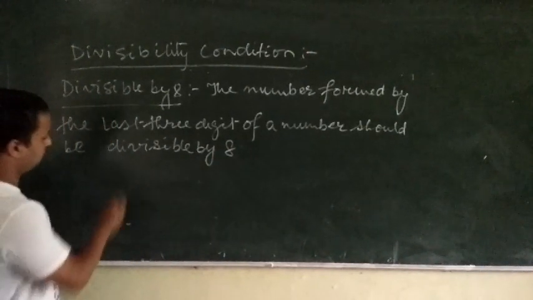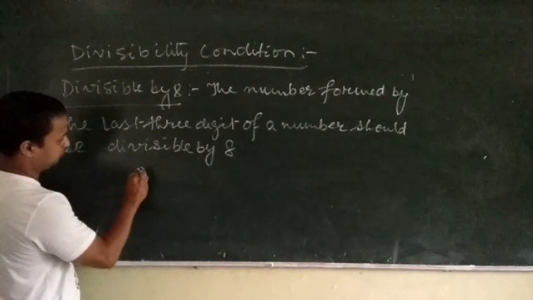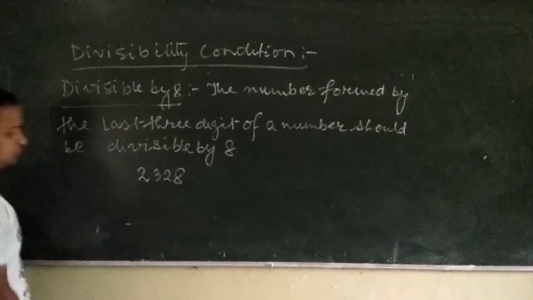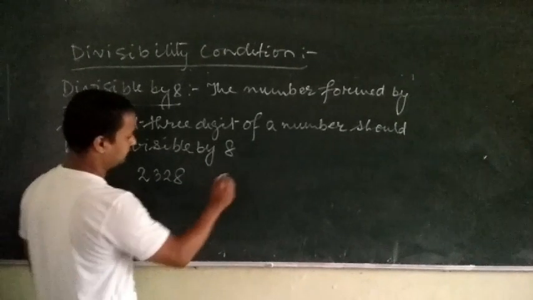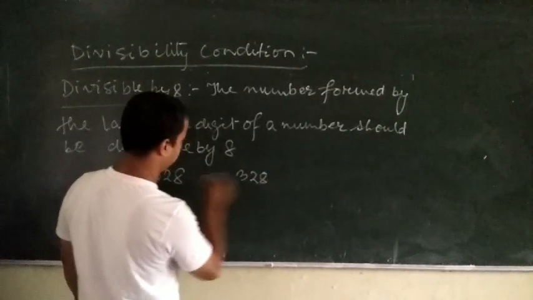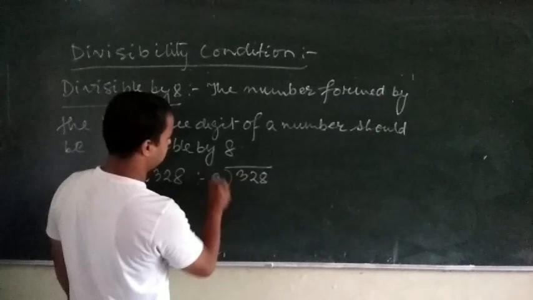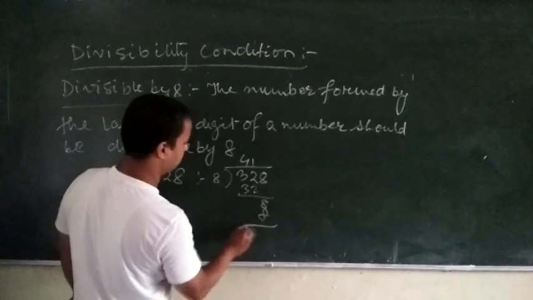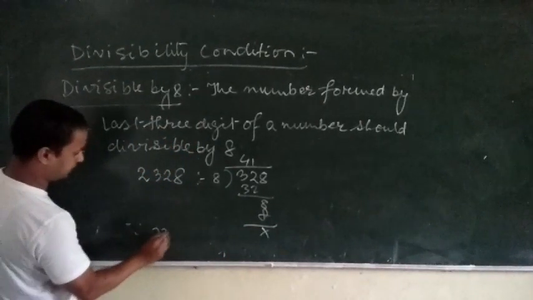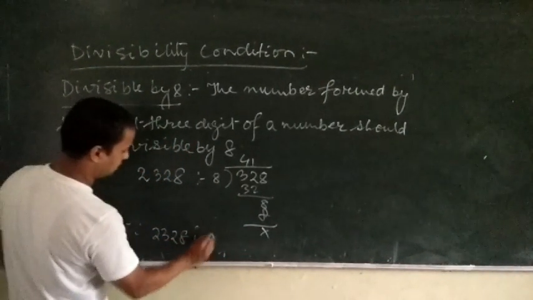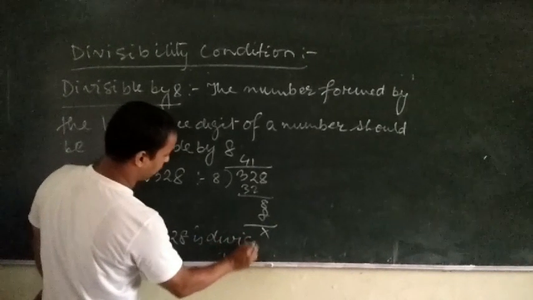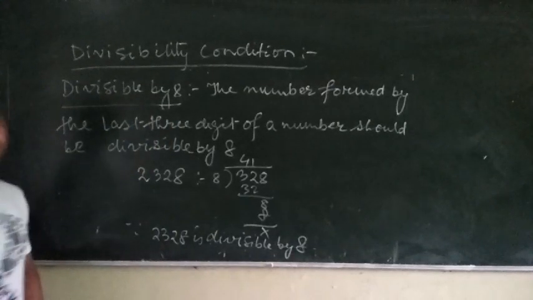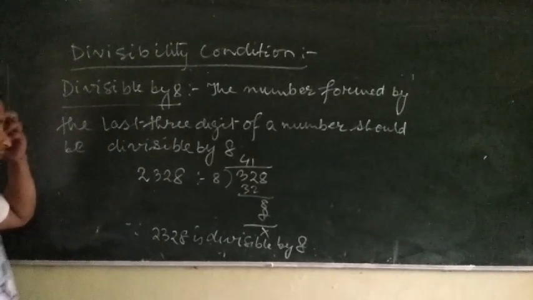For example, 2328. You can divide 328 by 8. 8 4 are 32, 8 1 is 8. So 2328 is divisible by 8. Okay, is it clear?